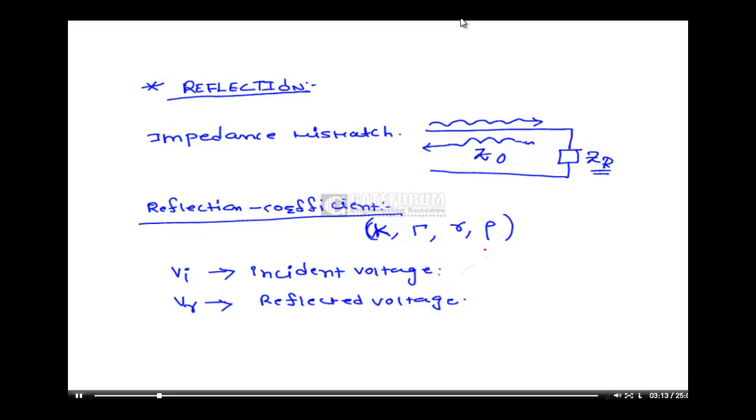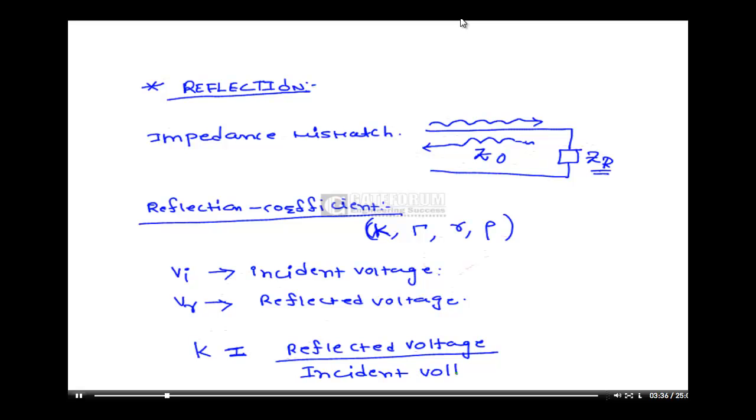Then the reflection coefficient K is equal to the reflected voltage by the incident voltage, that is, K equals VR by VI.